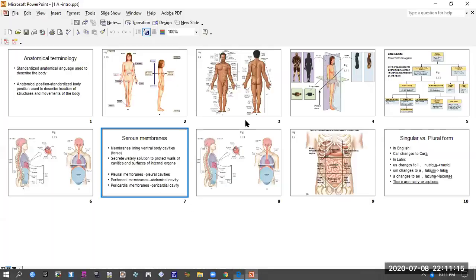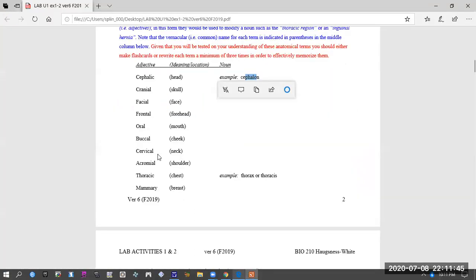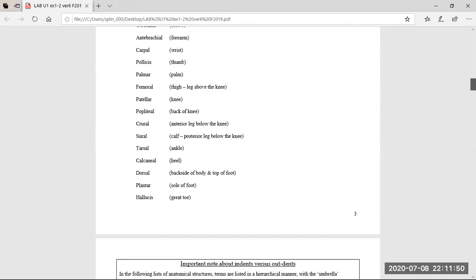So we can see that here in this figure. And again, we'll do that first one together. You can notice that there's the term, again, in bold, cephalon, or in parentheses, cephalic region. But we see the bracket is pointing to, yeah, the entire head. So we could use this figure, and of course, sticking with the list of terms that are right here in the lab manual, and this will always be the case.